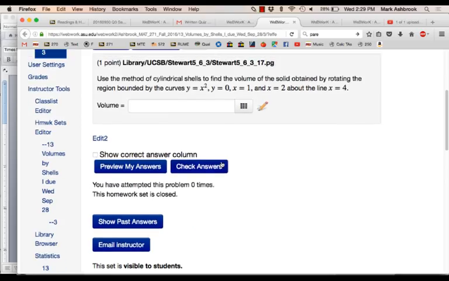Okay, so this one: y equals x squared, y equals 0, x equals 1, x equals 2. So definitely a very easy thing to sketch. You should all be able to do this. Y equals x squared, x equals 1, x equals 2, about x equals 4.